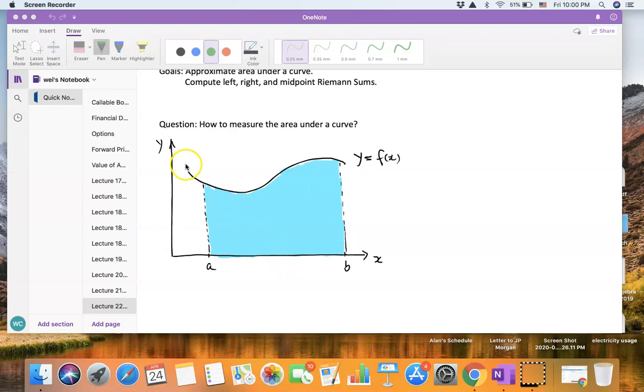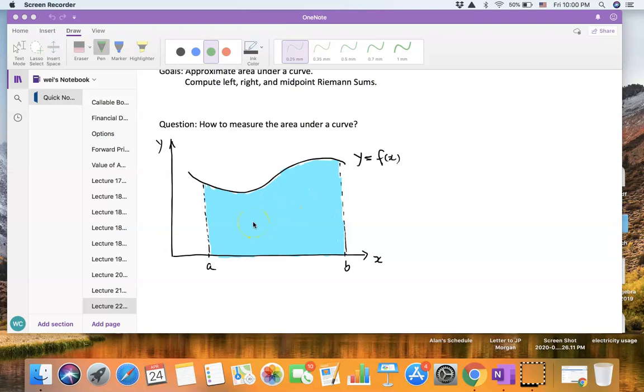Between this curve y equals f(x), the x-axis, and these two vertical lines x equals a and x equals b, we have a bounded region, right?